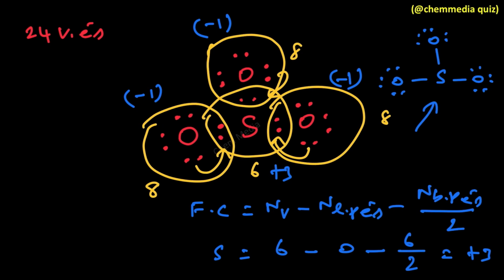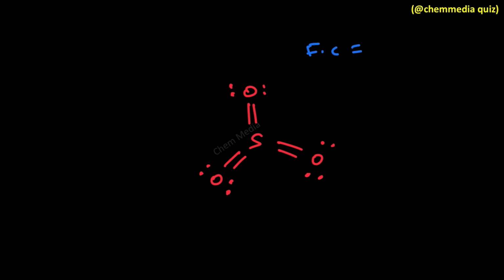In the best Lewis structure, the formal charges should always be close to 0. Therefore, if we are bringing one bond pair from the lone pair, then we can write the structure this way. Isn't it?